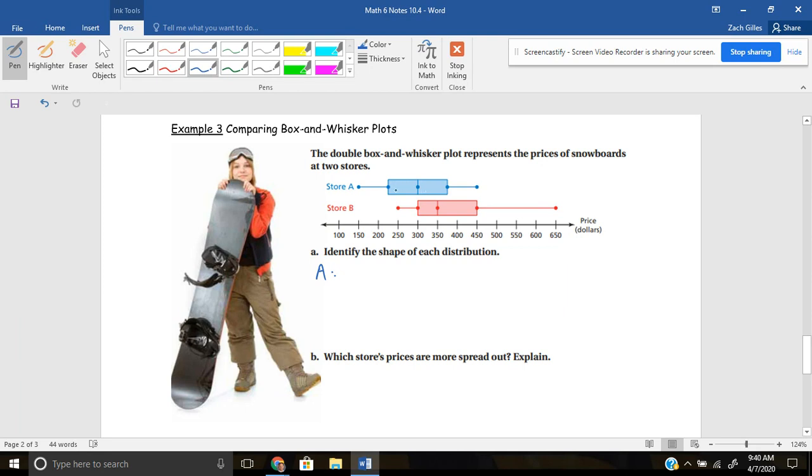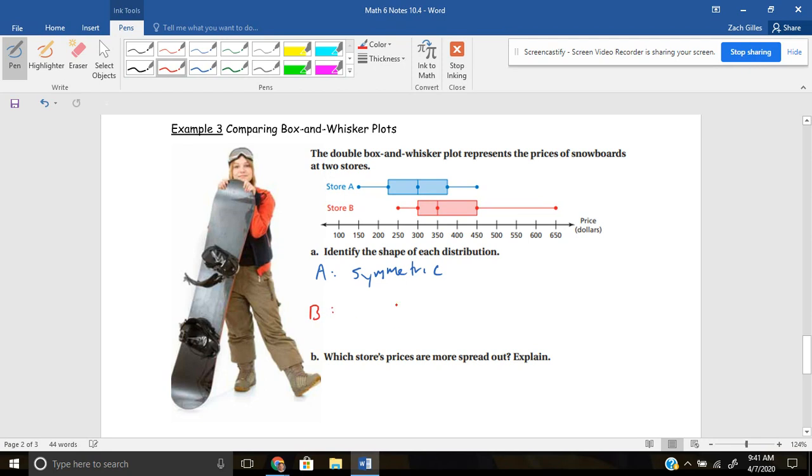Well, it looks like my median's in the middle of my box and my whiskers are about the same length. So I would say that this would be symmetric. Okay. And then for store B, I'll change to red here.